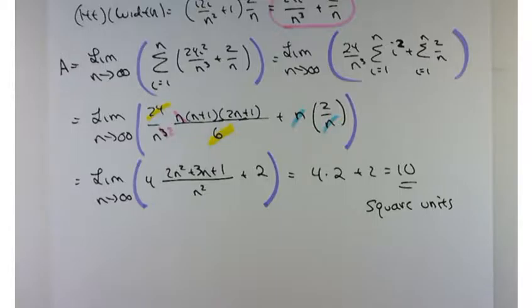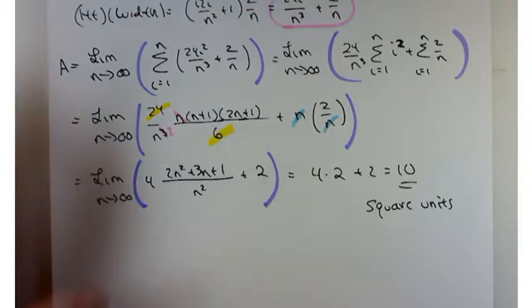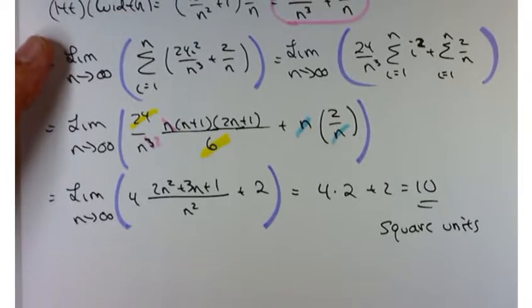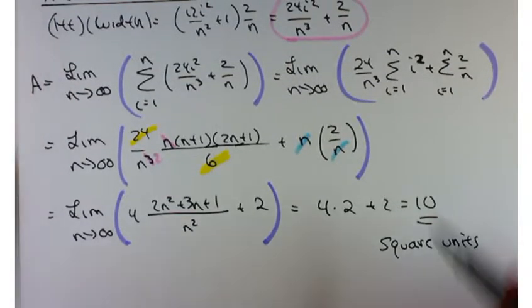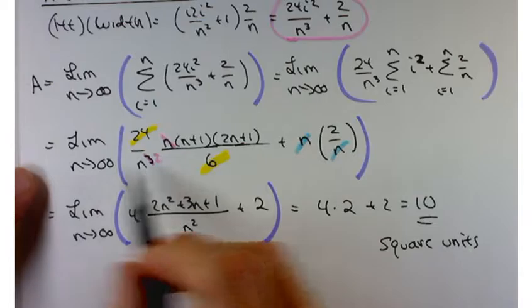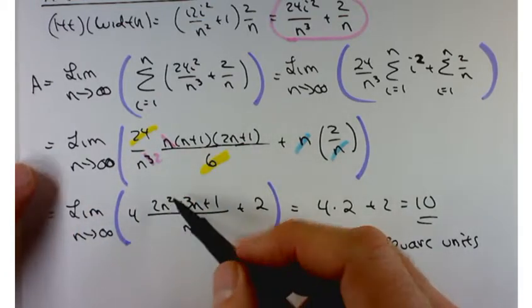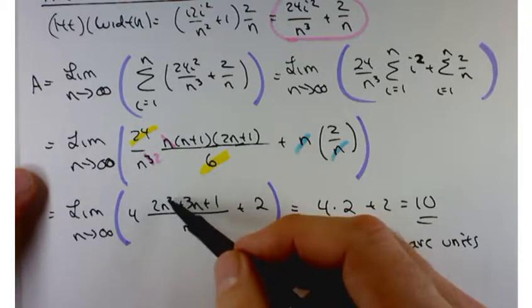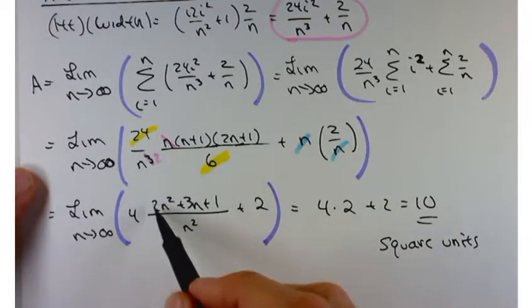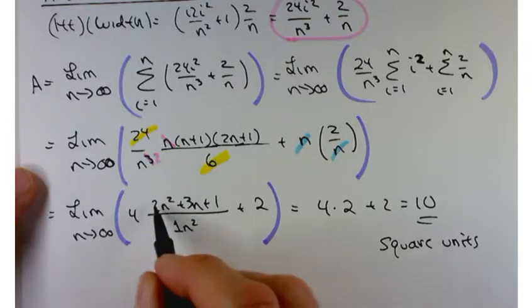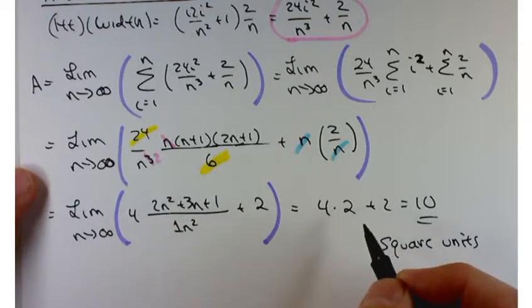All right, are those looking better? I know the first one was probably pretty rough. Donnie, something I can help with? Yeah, so as you're approaching infinity, these two things have the same degree, so the limit is just the ratio of the leading coefficients. 2 over 1 is 2.